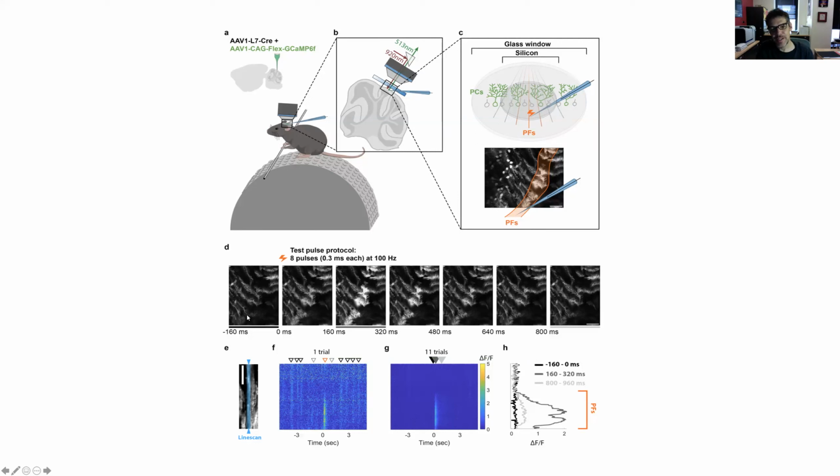And here you see a test pulse, which is like a 100 Hertz pulse of 8 pulses of the parallel fiber input. So nothing, and then perpendicular to these climbing fiber stripes in this sagittal plane, you see this activation of the parallel fiber input, which activates pretty much a large portion of the dendrite, and then it subsides again.